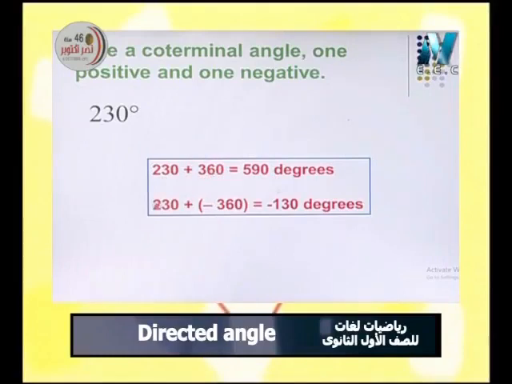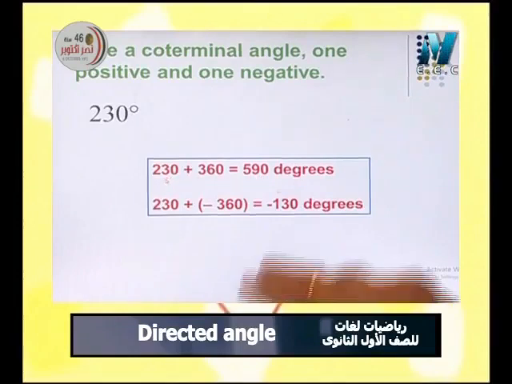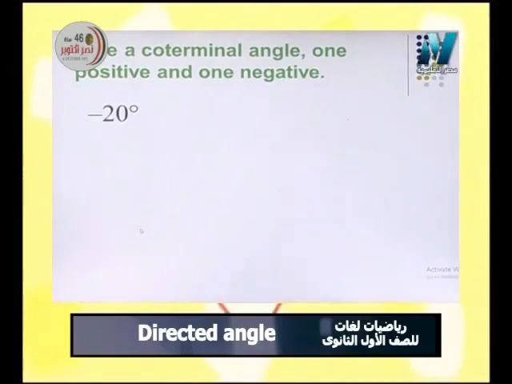And 230 plus negative 360, which is a complete round but in the clockwise direction, equals negative 130 degrees. So negative 130 degrees is the negative equivalent angle for 230, and 590 is the positive equivalent angle to 230. Let's go to the next slide.